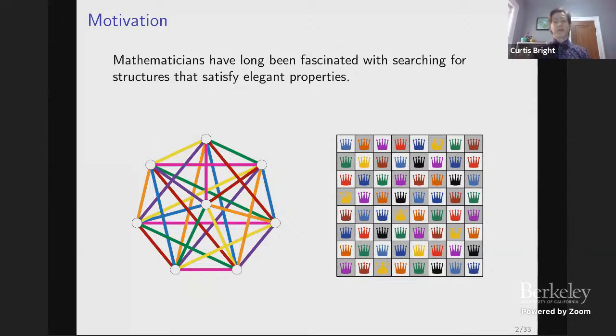I've colored the queens so that queens which could attack each other are colored differently. This just means every row, column, and diagonal of the board is colored differently. You can imagine either coming up with some kind of mathematical, theoretical way of constructing these things, or writing a computer program which would perform a search and look for such colorings.